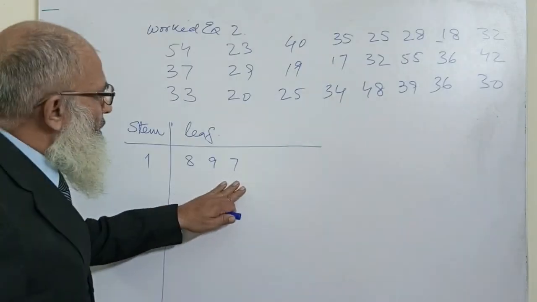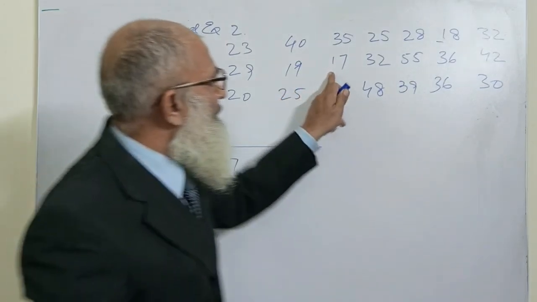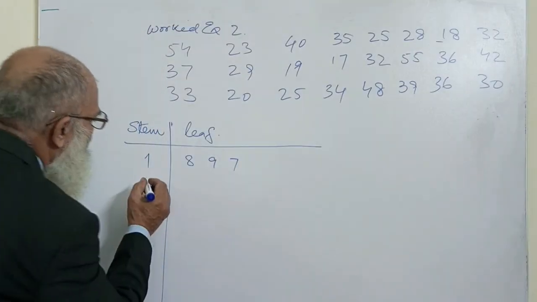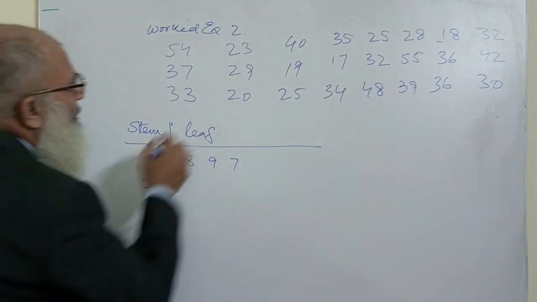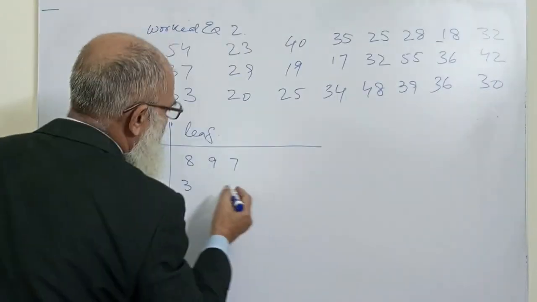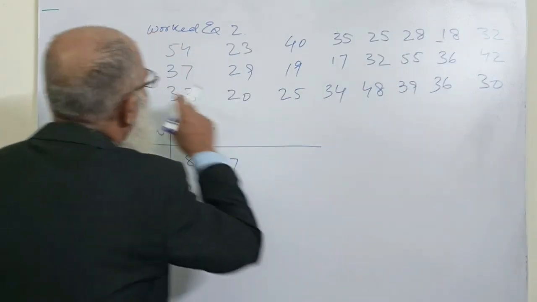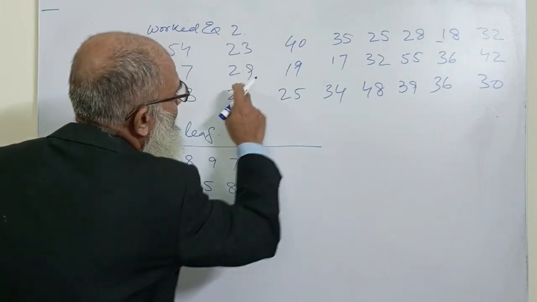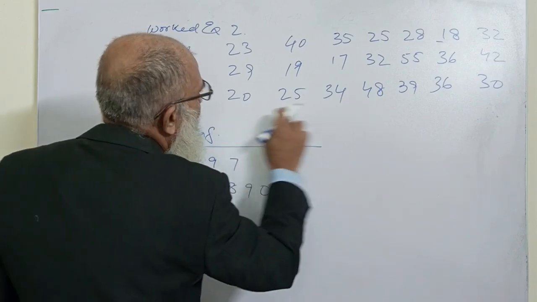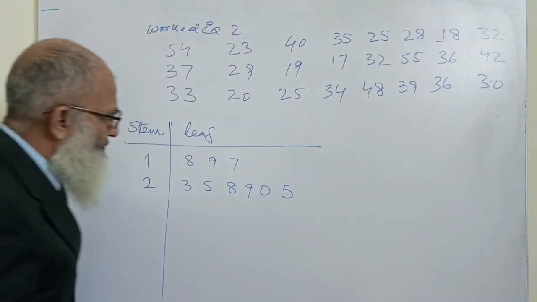Now you see that there are only 3 numbers with the 10th digit of 1. Now we'll take 2. Now 2 is 3, 23, 25, 28, 29, 20, 25, and that's all.